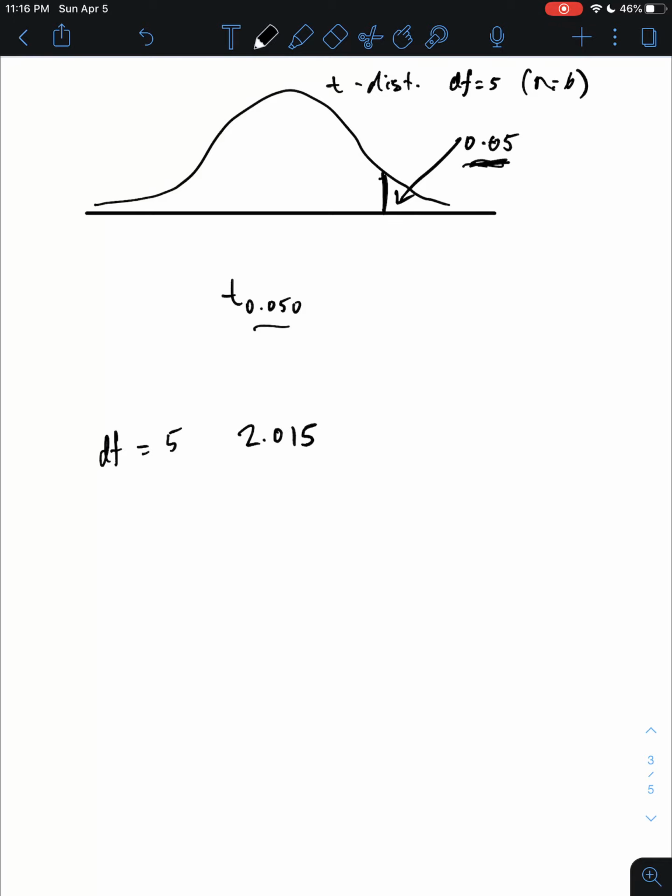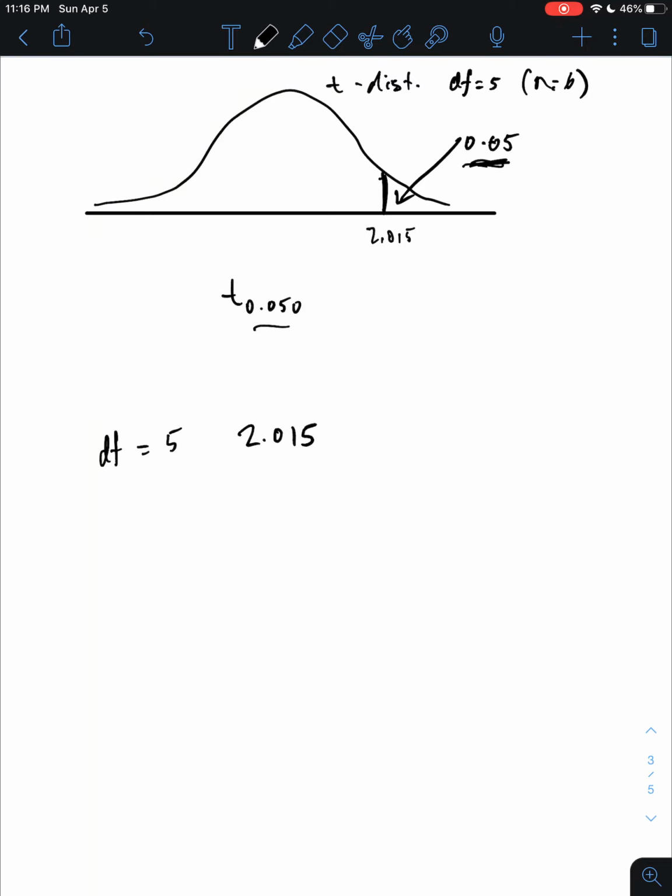So in a degree 5 situation, n equals 6, a small sample, a randomly chosen sample will be distributed so that only 5% of the time the t statistic will exceed our critical value of 2.015.